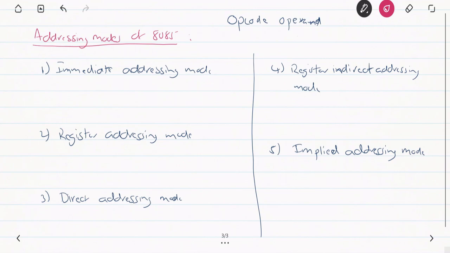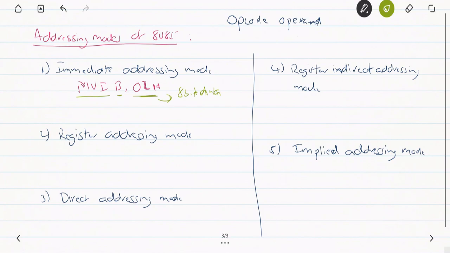For example, if we write MVI B, 02H, then MVI becomes our opcode, B becomes one of the operands, and 02 becomes our other operand, which is an 8-bit data. So whenever your data is directly defined in the instruction itself, then we call it an immediate addressing mode.